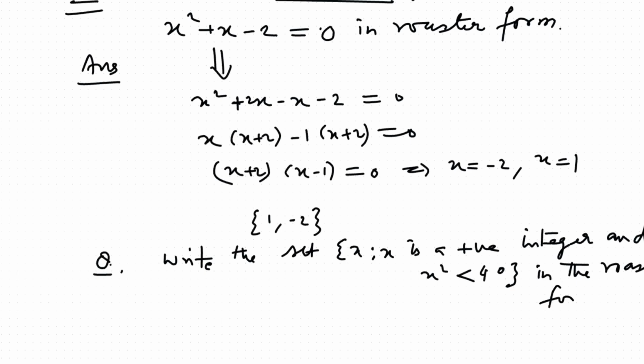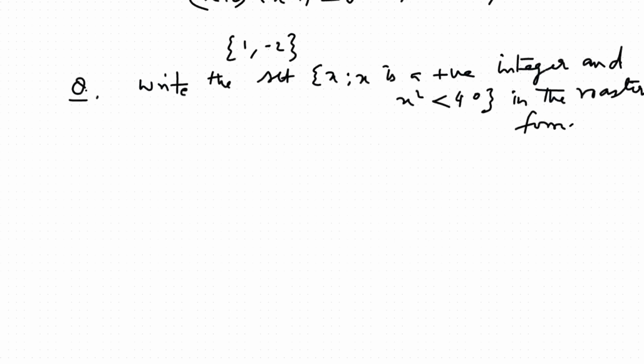Now this is the question. So what do we understand through this question? X is such that x is a positive integer and x square is less than 40.